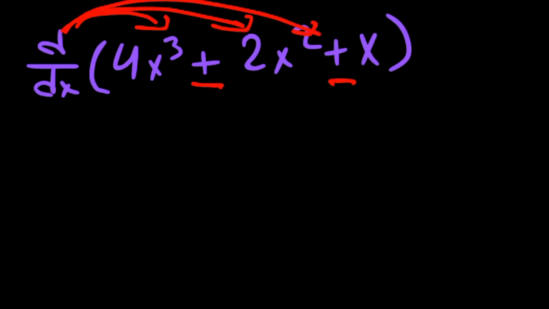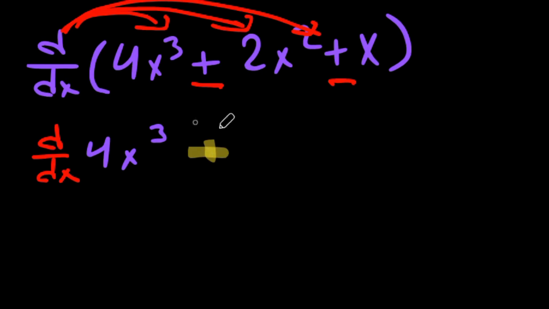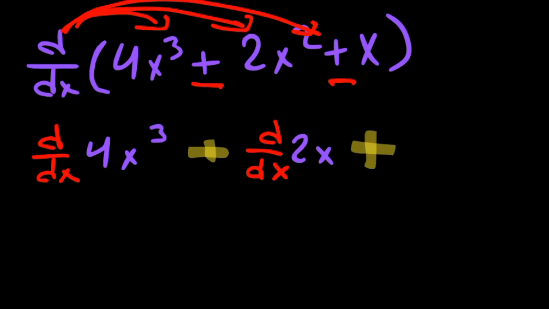So for example, this is going to be the derivative of 4x cubed plus the derivative of 2x squared plus the derivative of x. That's basically what the sum rule says.